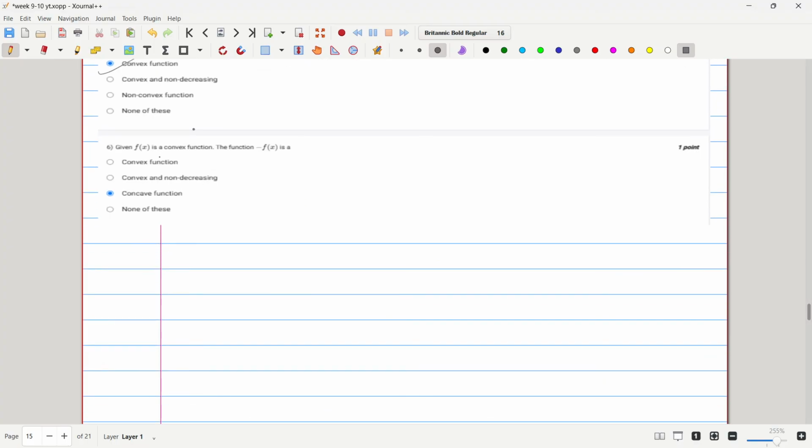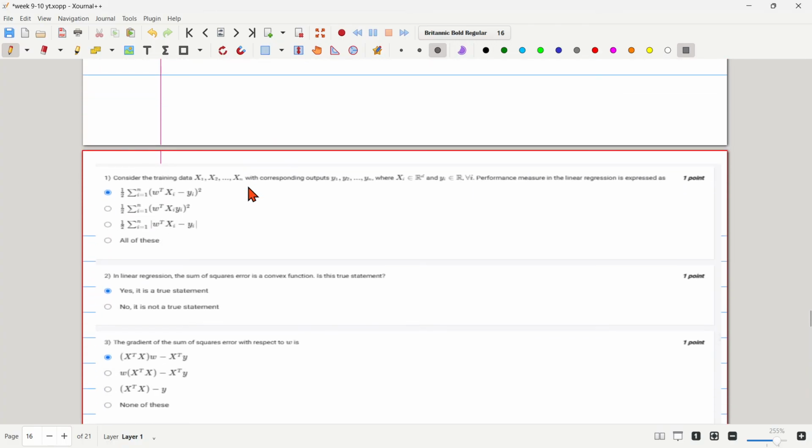Given f(x) is a convex function, then minus f(x) is concave. Why? Because I have already told you that if f(x) is a convex function, then alpha f(x) would also be a convex function, given the condition alpha should be greater than 0. Here you can see alpha is minus 1. It is not greater than 0, so it is a concave function.